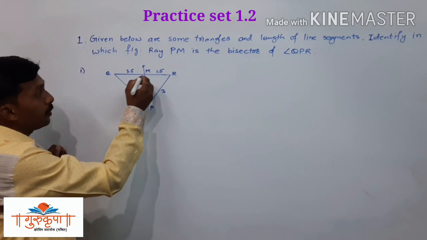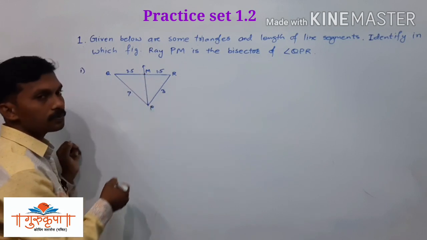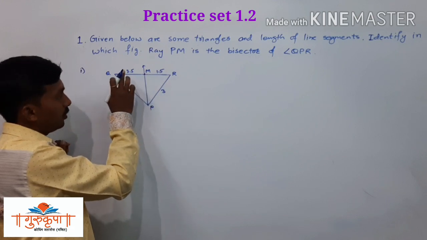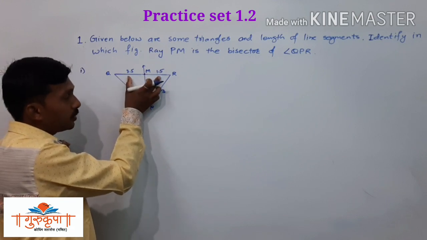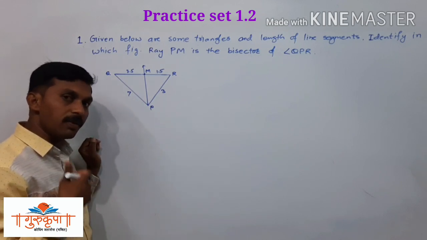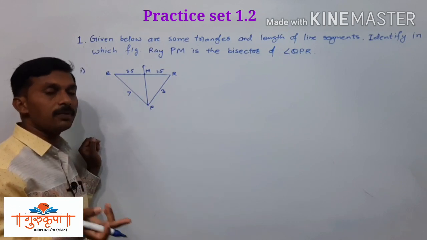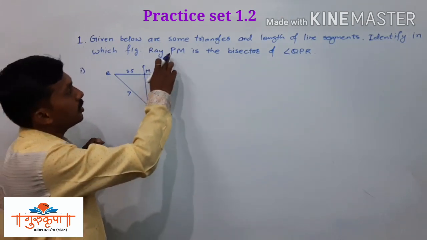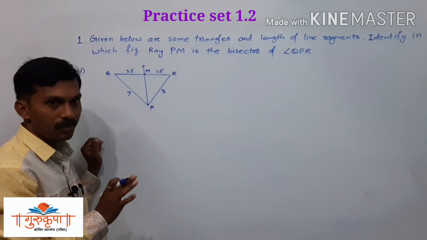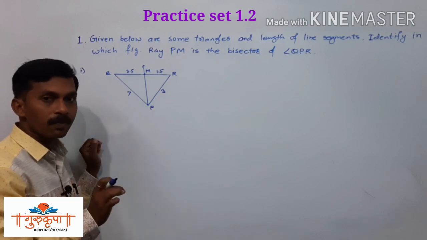Now here, due to this point M, if this side QR and the remaining two sides PQ and PR are divided proportionally, then we are able to say that this ray PM is the bisector of angle QPR. We have one and only one way.